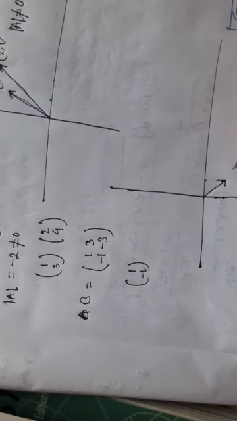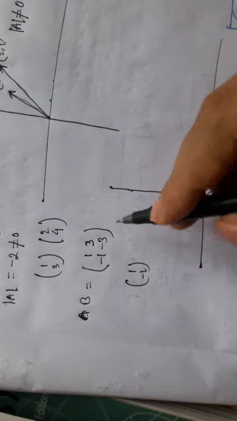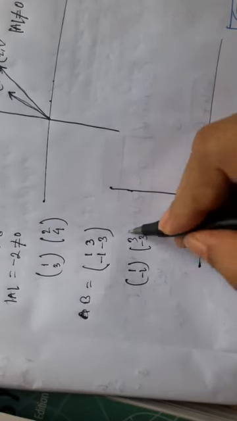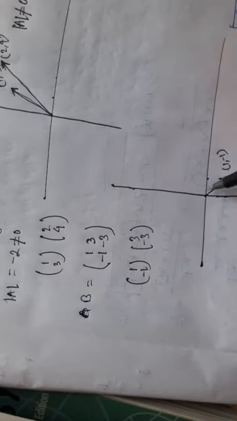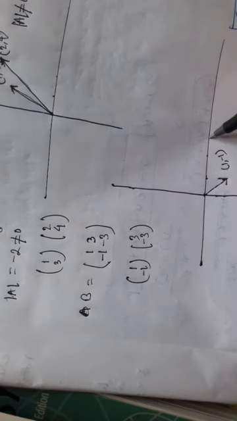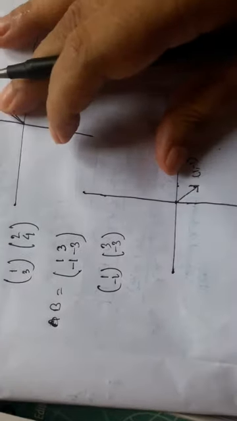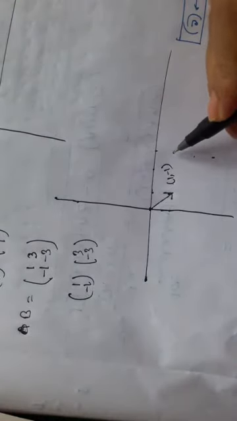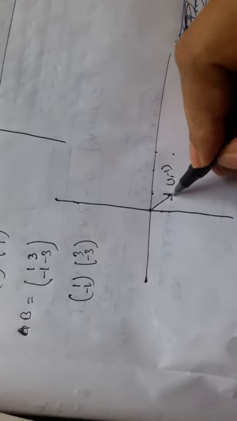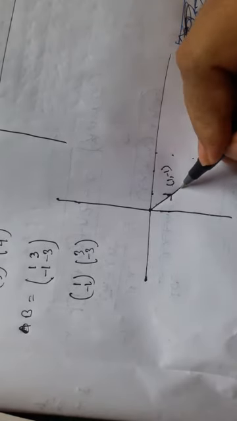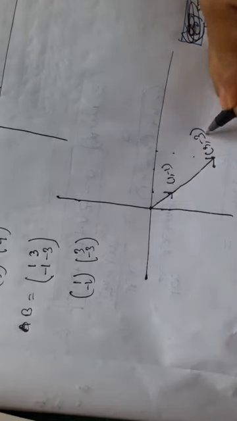This is the vector 1, minus 1. Now we plot 3, minus 3. So where will be the 3, minus 3? 1, 2, 3. So 3, minus 3 will be on the same line.